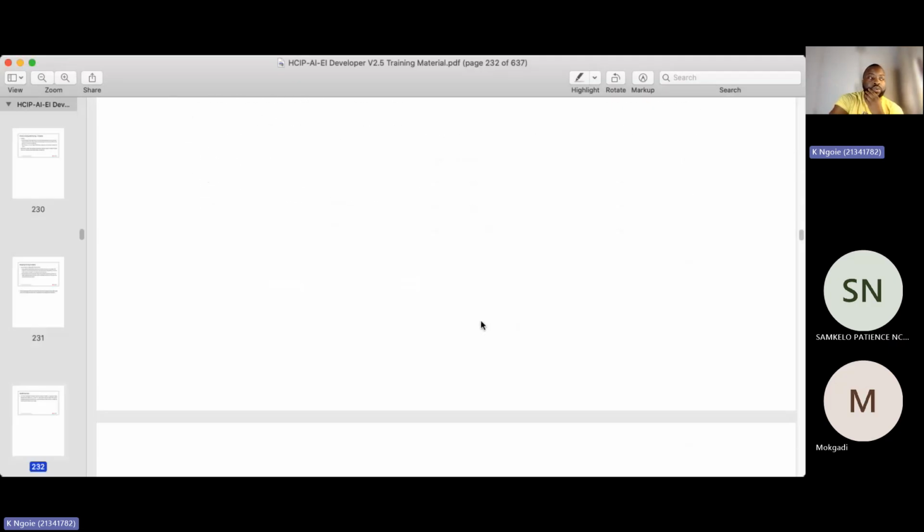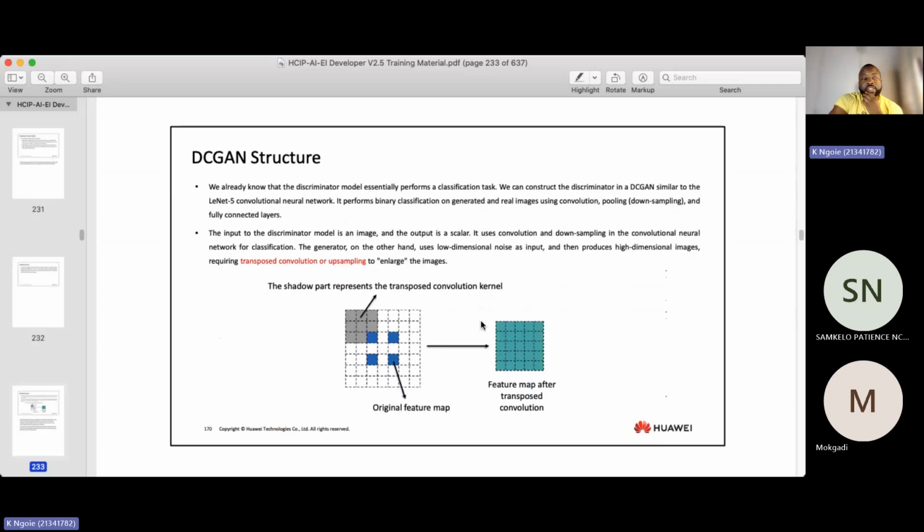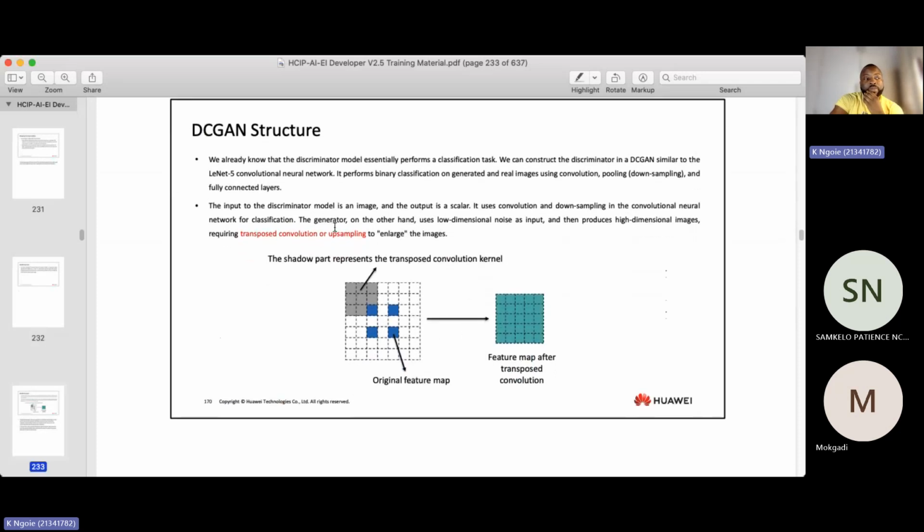Okay, all right. So when you think of the structure of this architecture of the DCGAN, it is going to use transpose convolutional networks.